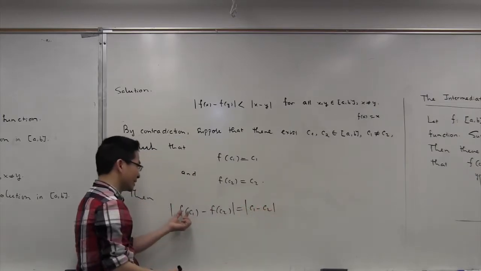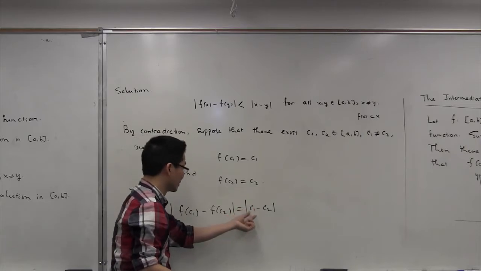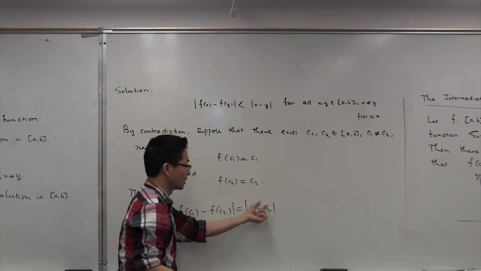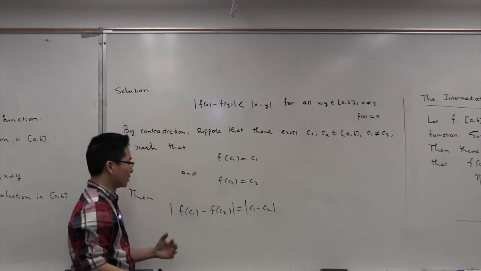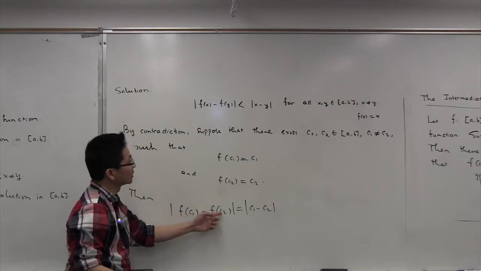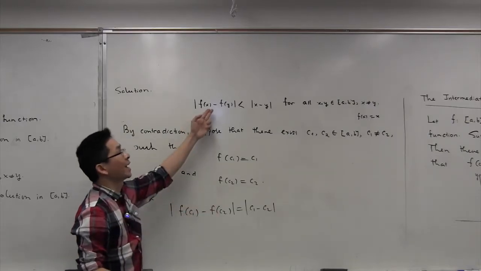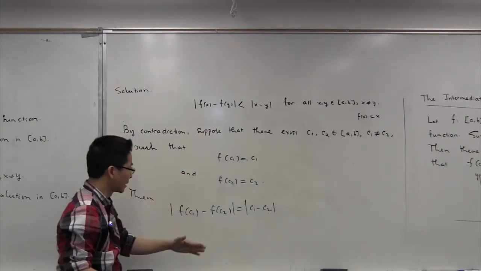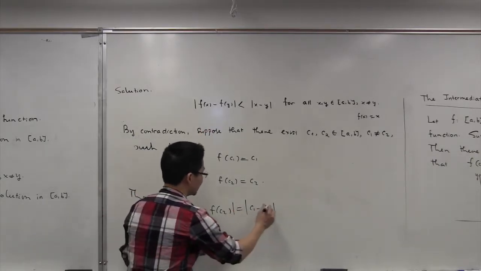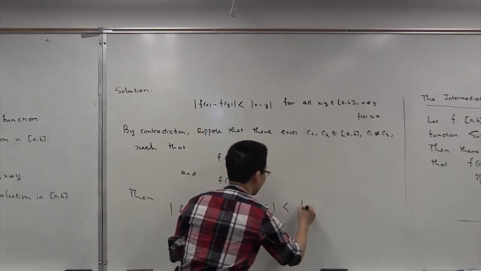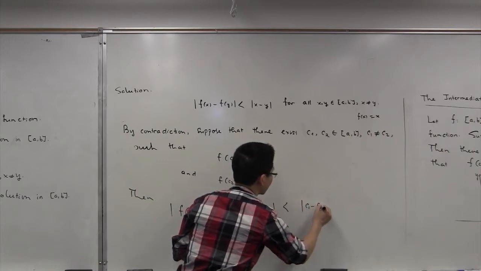Okay, because as you can see, f of C1 is equal to C1 and f of C2 is equal to C2. Now, because C1 is different from C2, we can apply this inequality and get that this is strictly less than the absolute value of C1 minus C2.